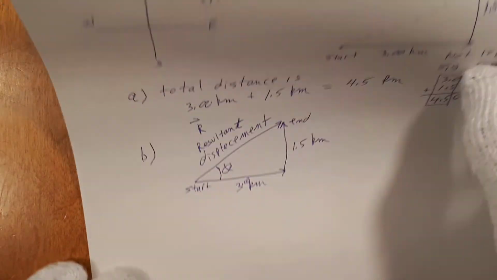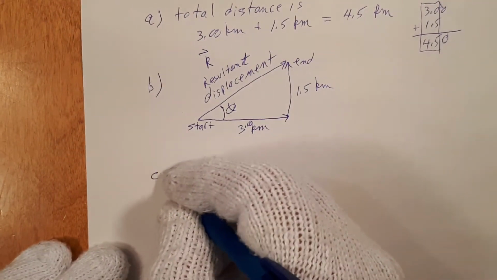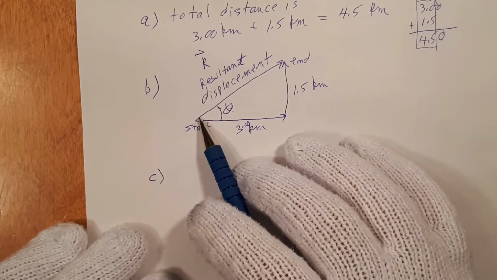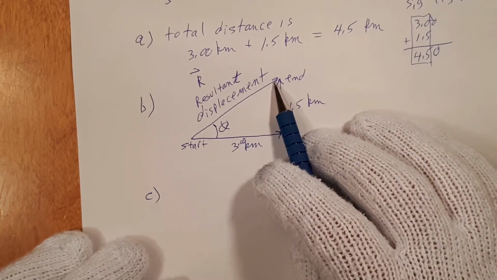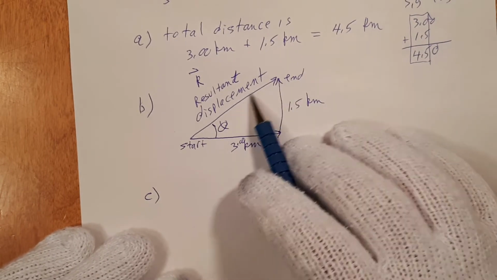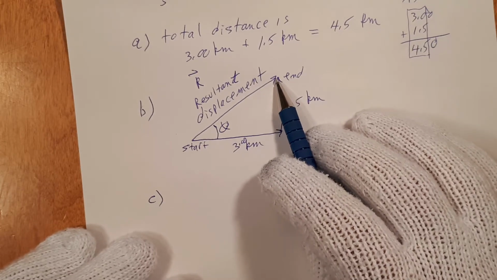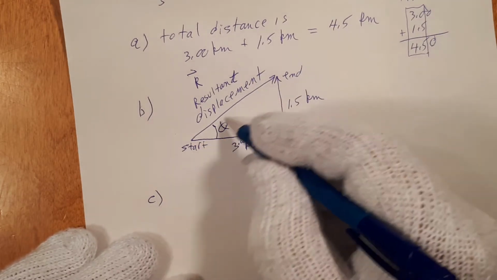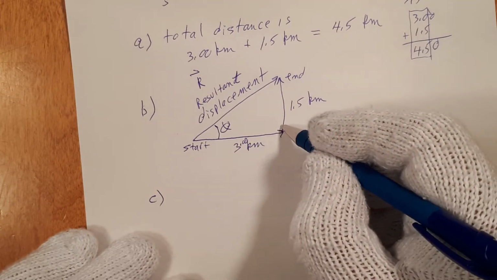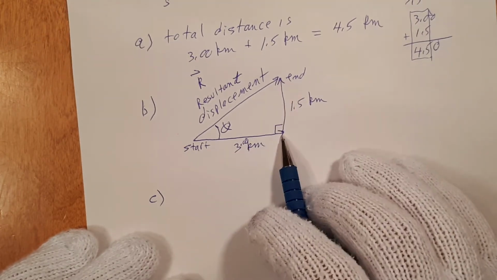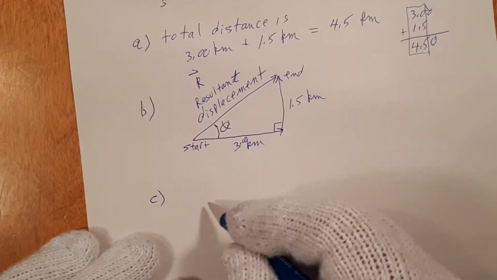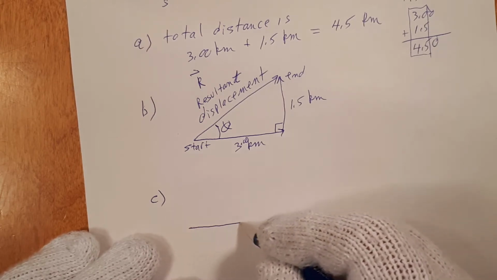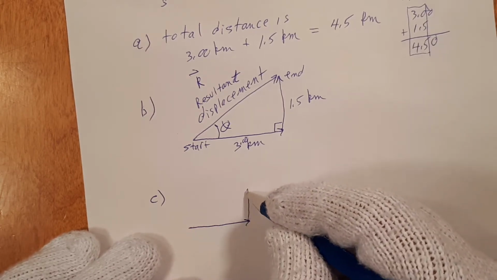So for part C, we're going to do the magnitude first, the size of this vector, the resultant vector, or the displacement. And since this is a triangle and everything here is at 90 degrees, for part C, I'll just simply redraw that here on a slightly smaller scale.